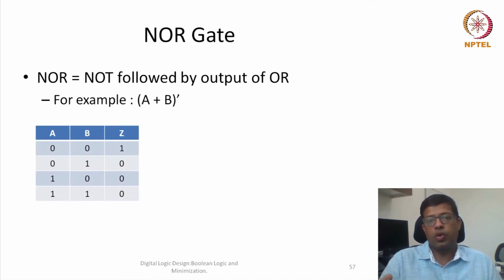The truth table of the NOR gate is exactly the opposite of the output of the OR gate. In the OR gate, when the inputs are 0 and 0, the output is 0. Here the output is 1. In all other cases, when any one of the inputs is 1, the output used to be 1 in the case of an OR gate. In the NOR gate, when any of the inputs is 1, the output is 0.